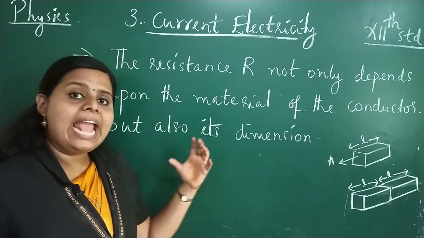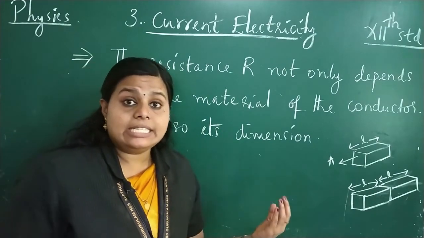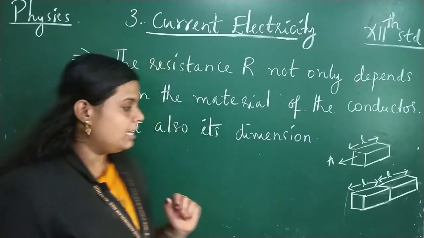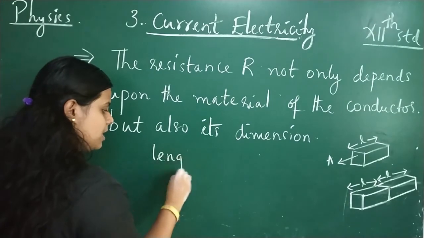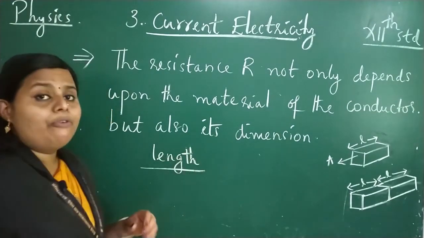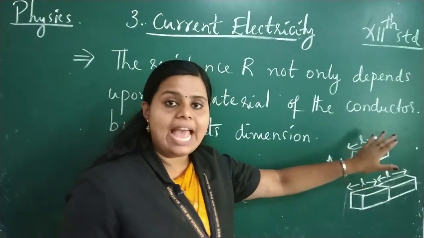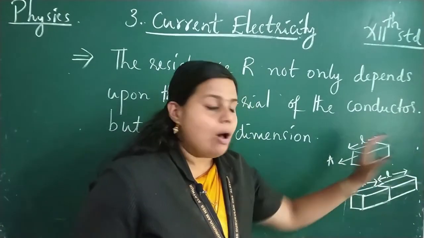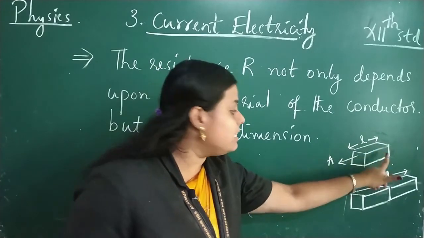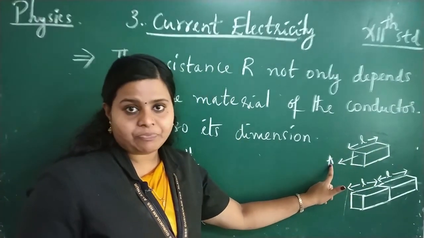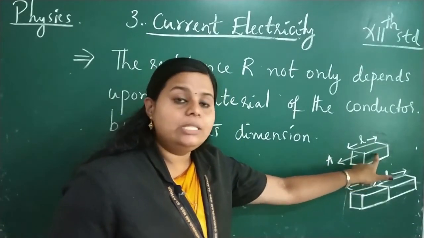So first let's discuss how the resistance of a material depends on its length. So the dependence of resistance on length of the material of conductor. For this we have a conductor of length L and area of cross section A. In this case what about the resistance?